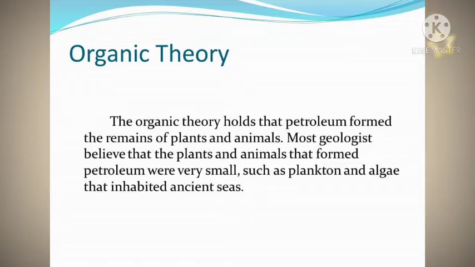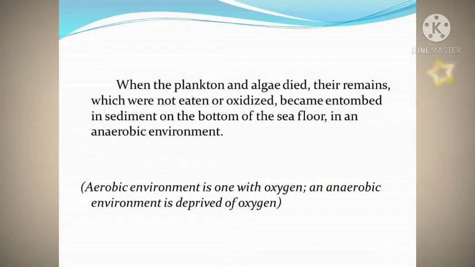Most geologists believe that the plants and animals that formed petroleum were very small, such as plankton and algae that inhabited ocean seas. When the plankton and algae had died, their remains, which were not even oxidized, began to be entombed in sediment on the bottom of the seafloor in an anaerobic environment.